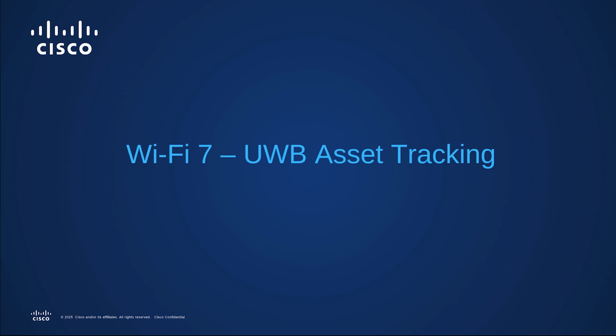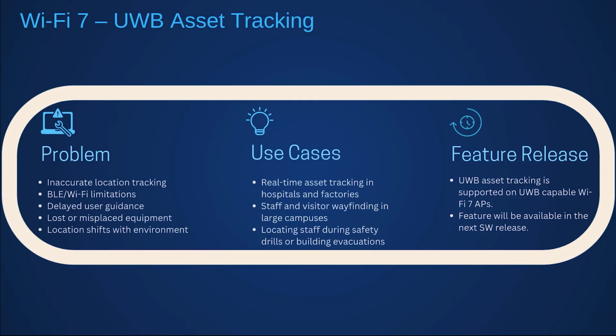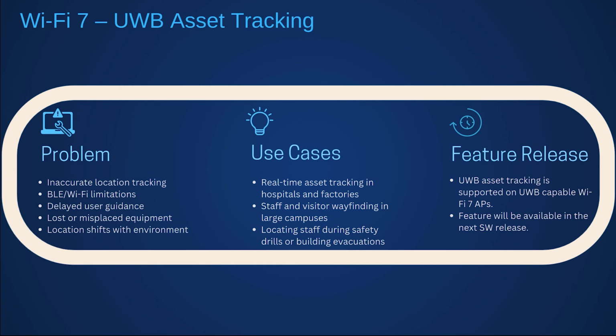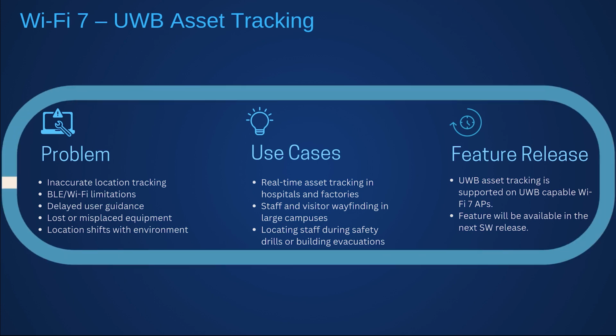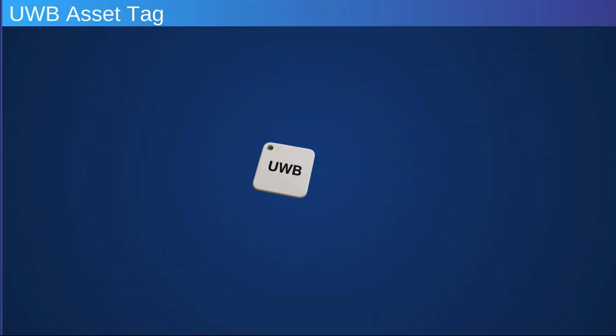Accurately locating people and assets indoors remains a challenge. Traditional methods using Wi-Fi or Bluetooth often fall short in dynamic or cluttered environments. UWB offers a powerful alternative, enabling precise, low-latency positioning down to the sub-meter level. From real-time asset tracking in warehouses and hospitals to worker safety and wayfinding in large campuses, the use cases are rapidly expanding. Here's how it works.